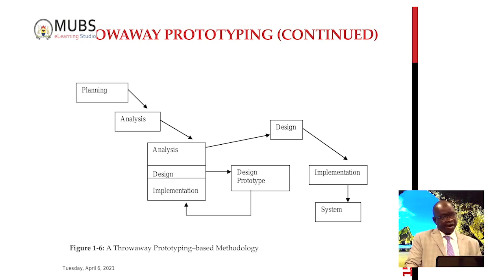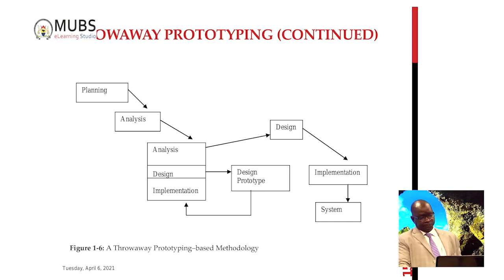It may be a form for an order in an e-commerce system. That can be an example of a design prototype. Or an online form for students' application, those who want to apply to join university. That can also be a prototype. So we call that a design prototype.